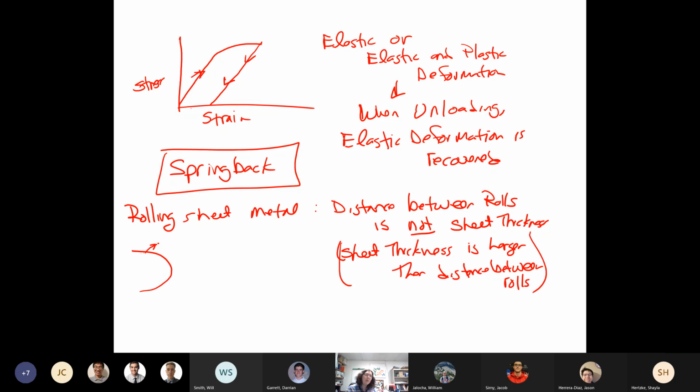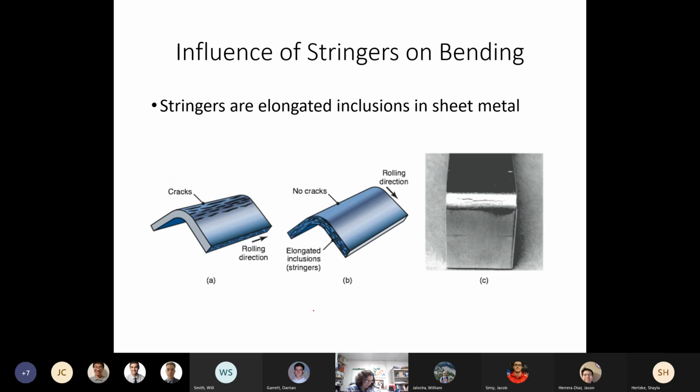Spring back is related to your yield strength and your modulus of elasticity, because it is just the recovery of that elastic deformation.